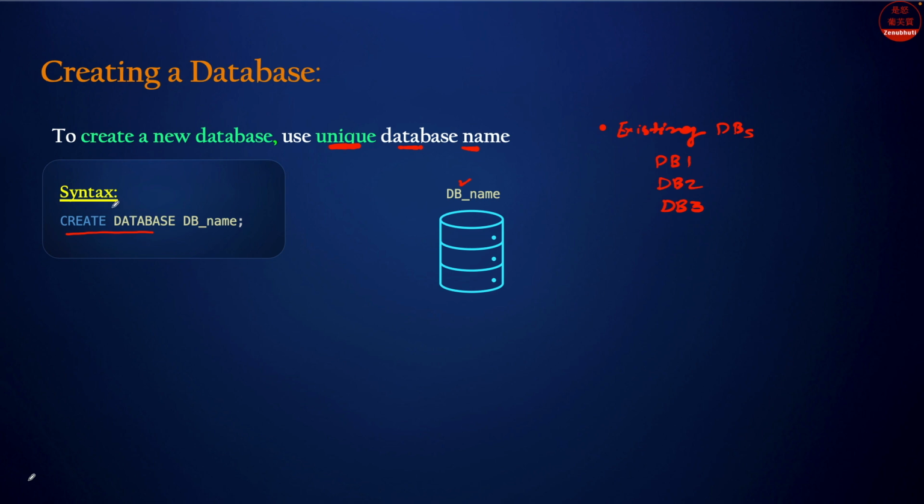That will tell SQL we need to create a new database, and the name you will write in front of that. So this is your database name, right? Once SQL executes this, it will create a new database called DB name.